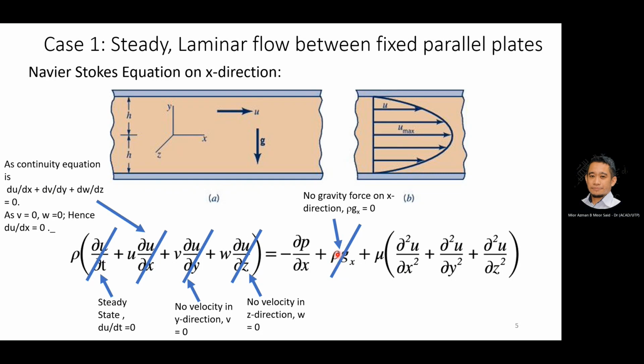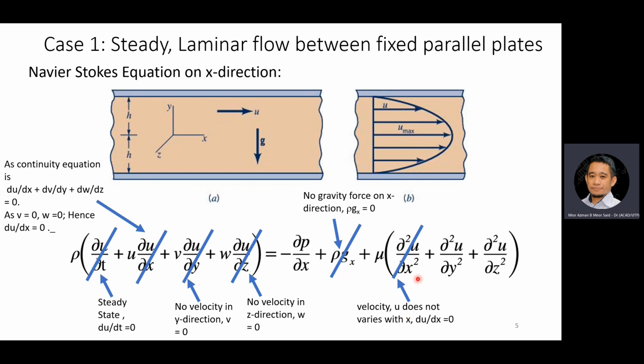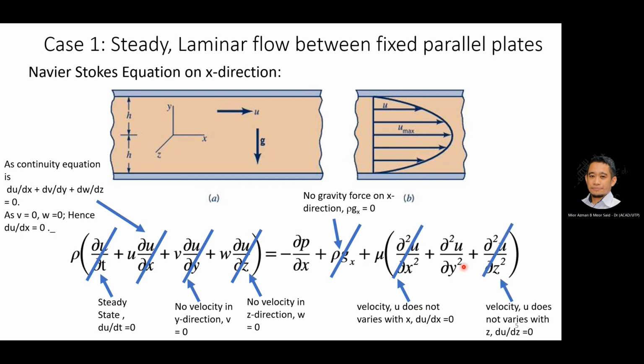Now we have made it more simplified. u does not vary with respect to the x-axis, because u only varies with respect to the y direction. So in terms of the x direction, it does not change, and this becomes 0.